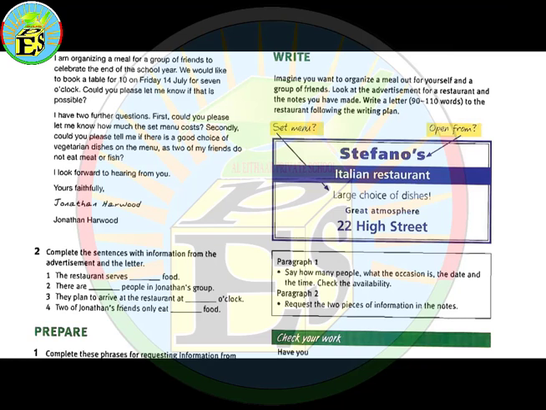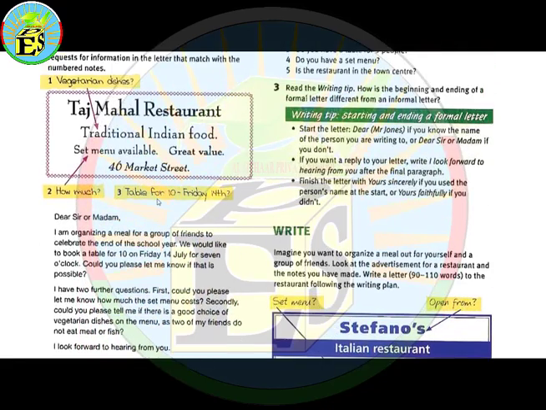Now we will move to task number 2 in the read section. What we need to do here is to complete the sentences with information from the advertisement and the letter. So we have already read the letter, the content of the formal letter that we have here, and we read the advertisement. The name of the restaurant is the Taj Mahal restaurant.